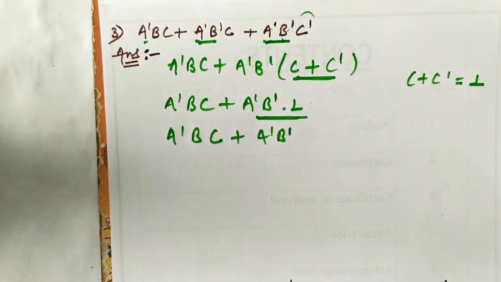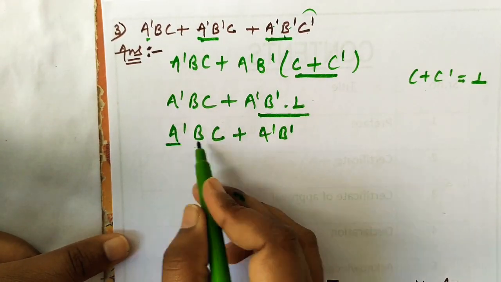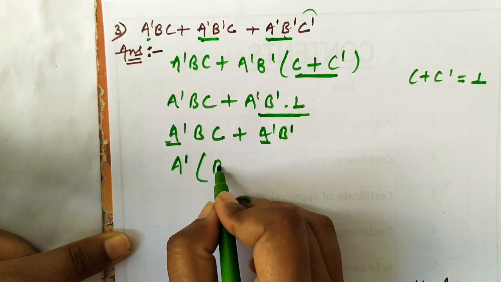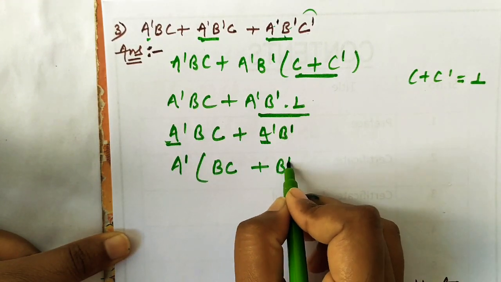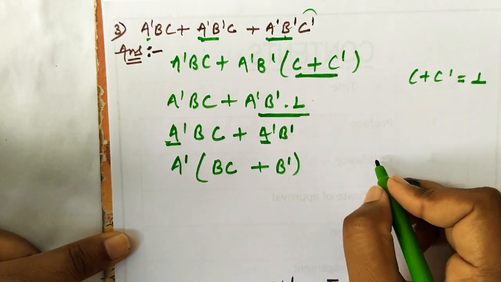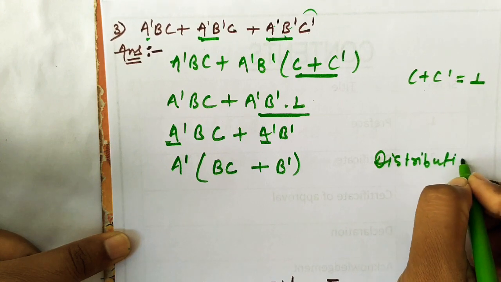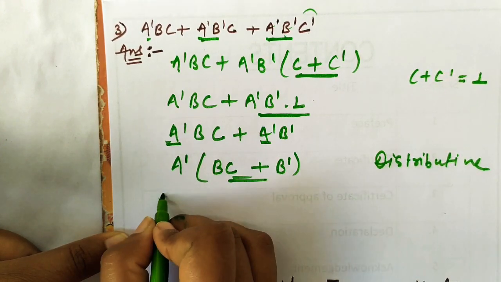After that again there is one common value between this, there is a'. So take common value a'. What is left? That is b c plus b'. Now we can use the distributive property to solve this question.